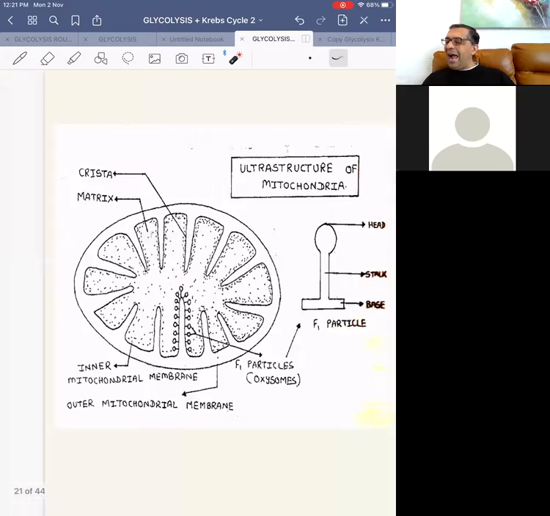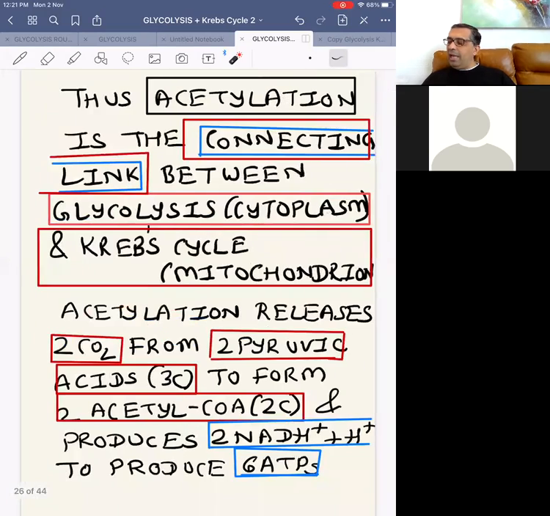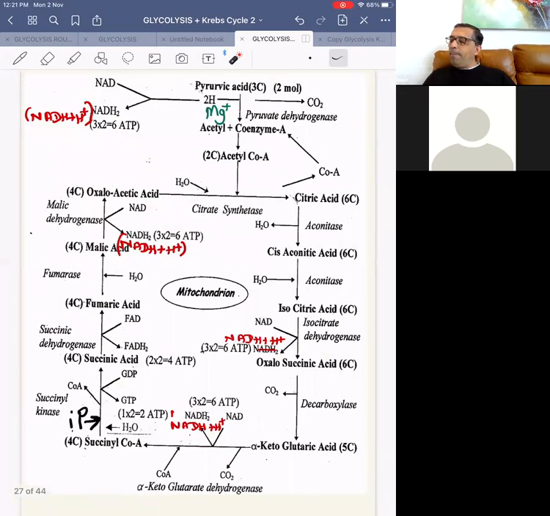Then during acetylation, we have pyruvic acid forming acetyl coenzyme A. So 2 more NAD form 2 more NADH plus H plus.